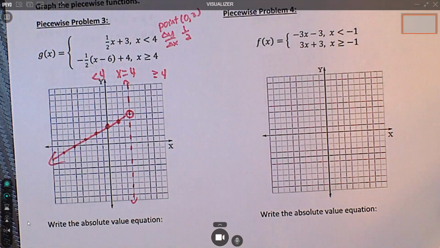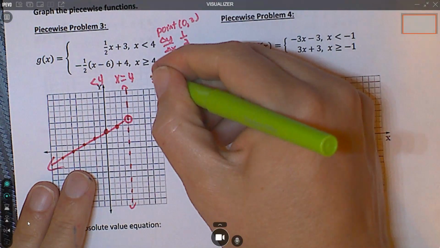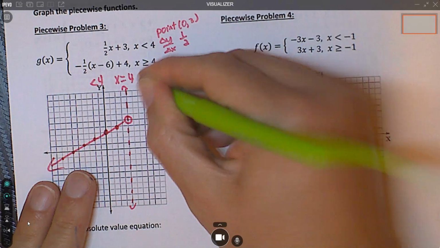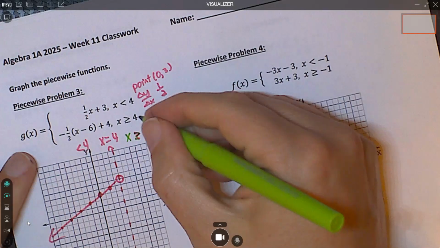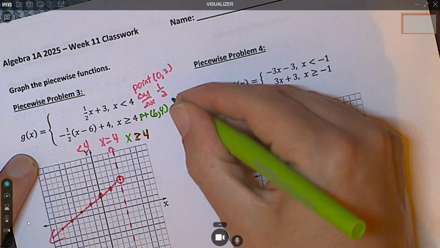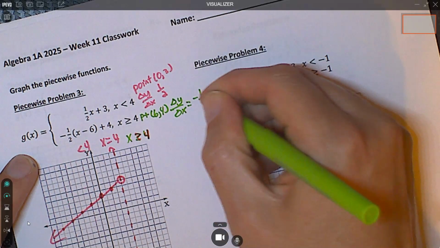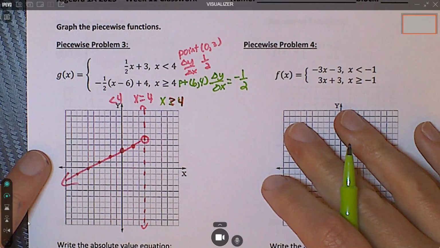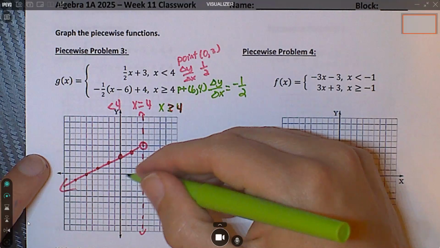Okay, there's that one. This side's x is greater than or equal to 4. Okay, so here we got 0.64. See, so they have different slopes. Okay, so we'll start at 6.4.